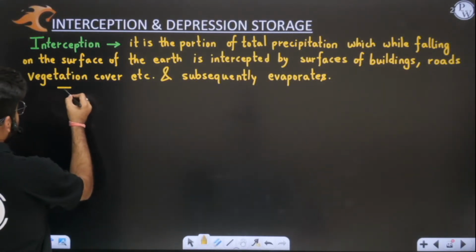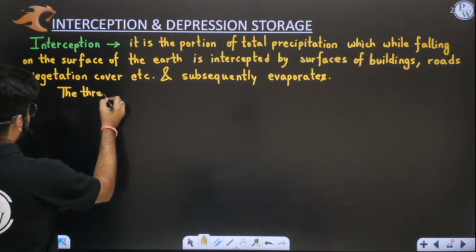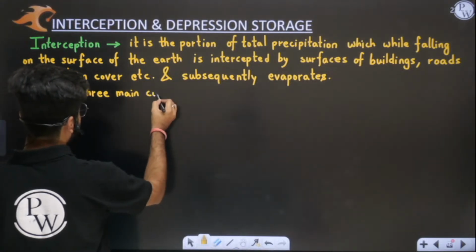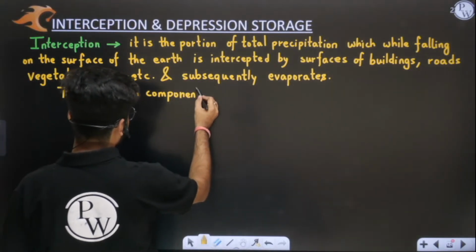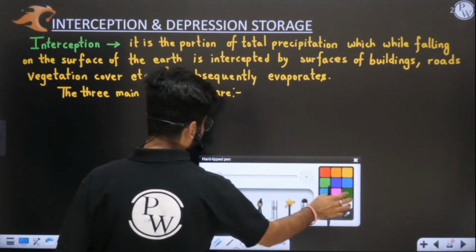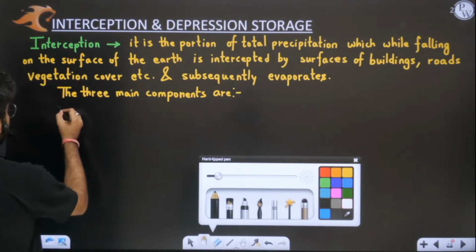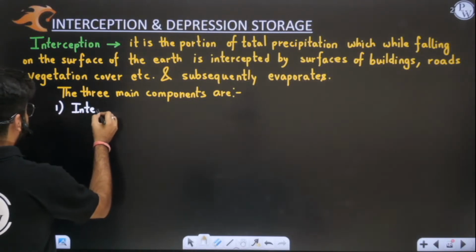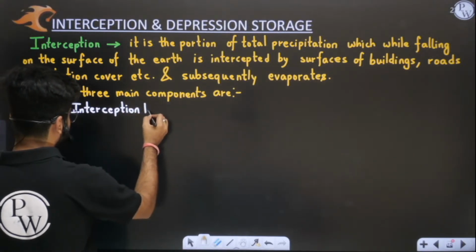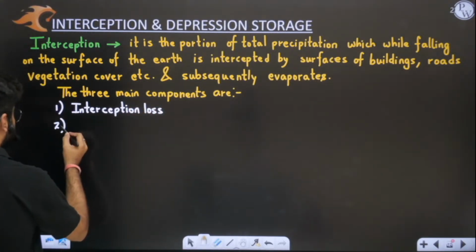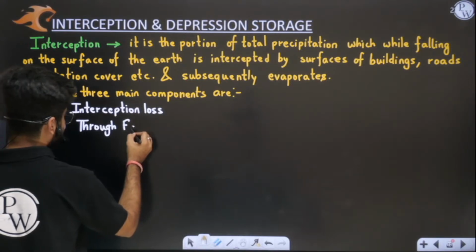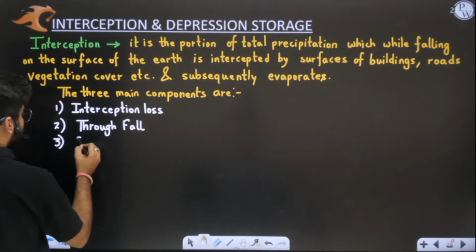See, the three main components of interception are: the first one is interception loss, the second one is through fall, and the third one is stem flow.